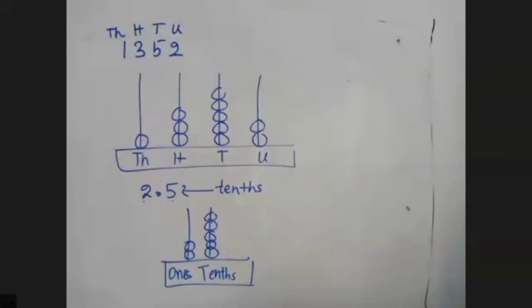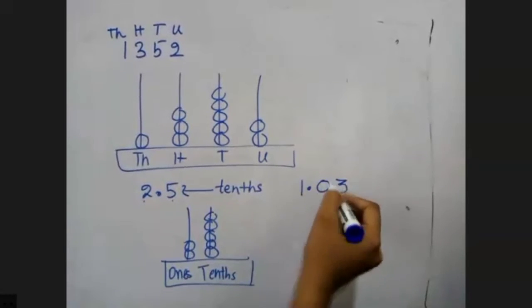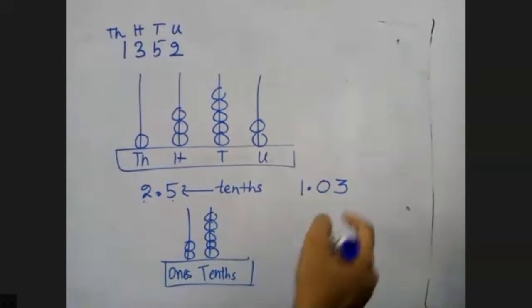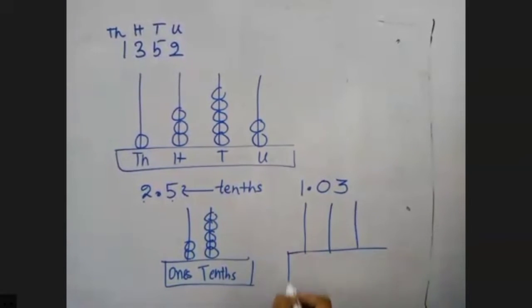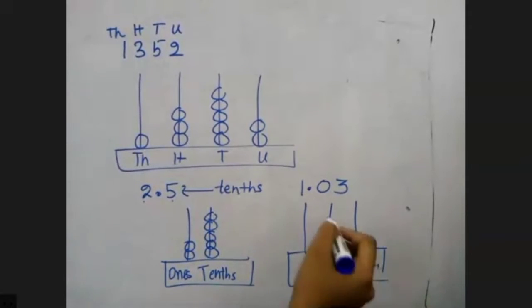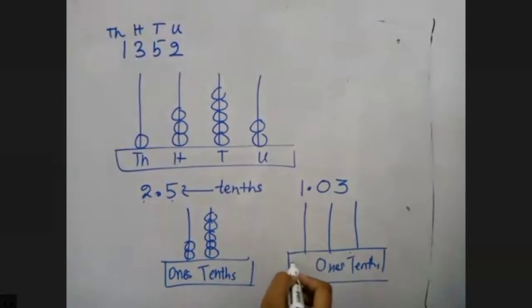So if you have two decimal places, for example, 1.03, then how to draw the abacus? The abacus is with 3 strands. Then I can name the abacus. The corner one is anyway the tenths only, right? Tenths. And here you are getting ones. And here you will get tens, T-E-N-S.